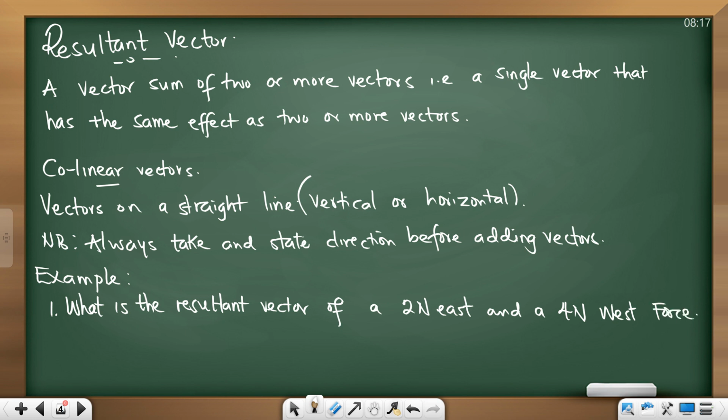Since we says force is an example, what is the resultant vector of a 2 Newton east and a 4 Newton west?